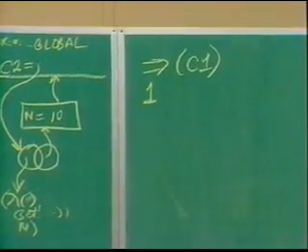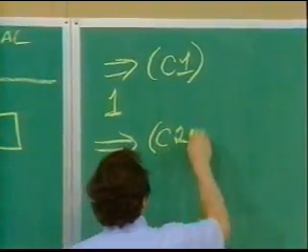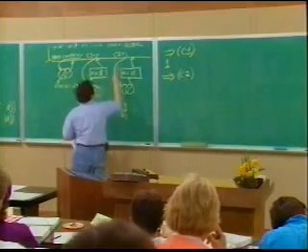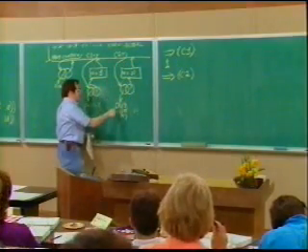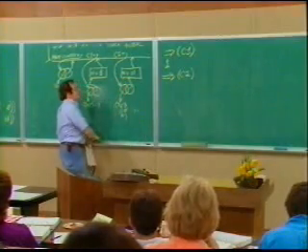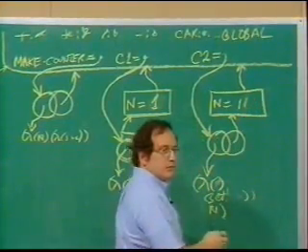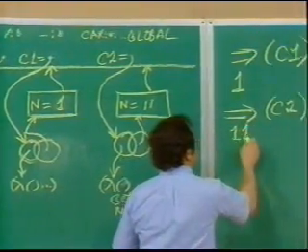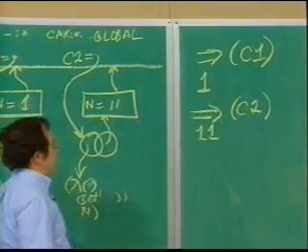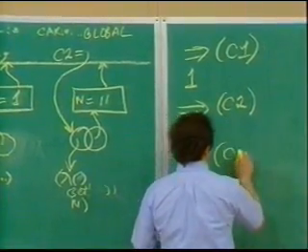Supposing I then call C2. Well, I see C2 is this procedure which does the same thing, but here's the n. It becomes 11. And so I have an 11, which is the value. I then can say, let's try C1 again.